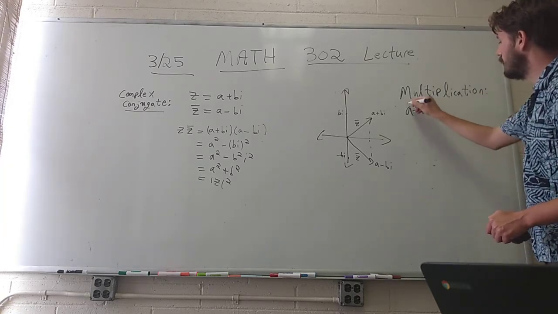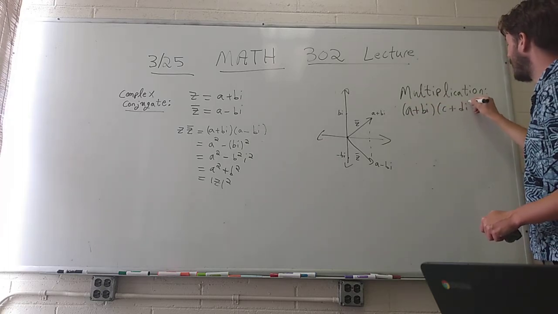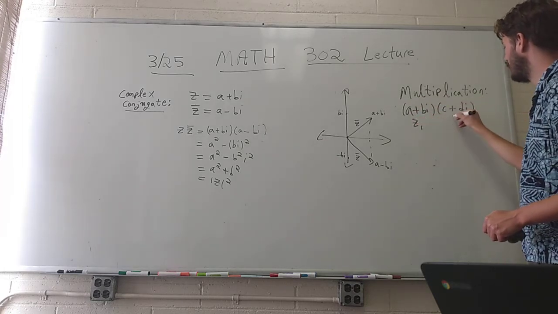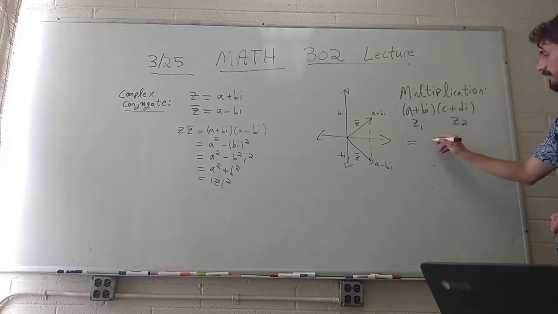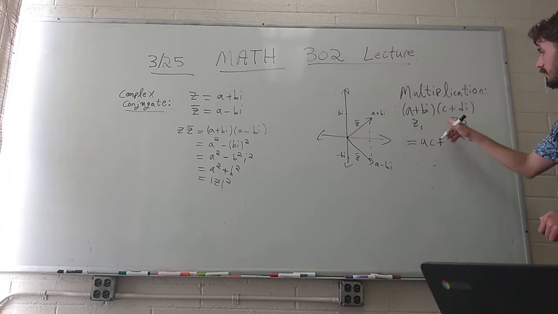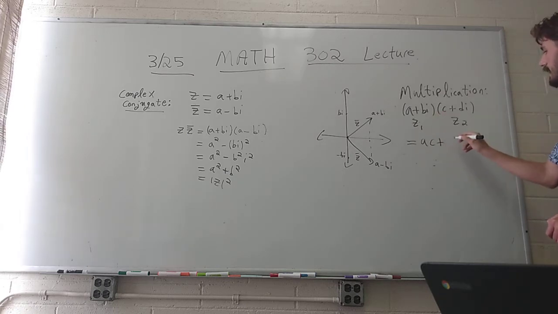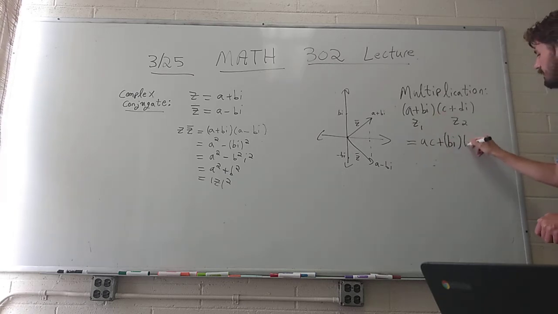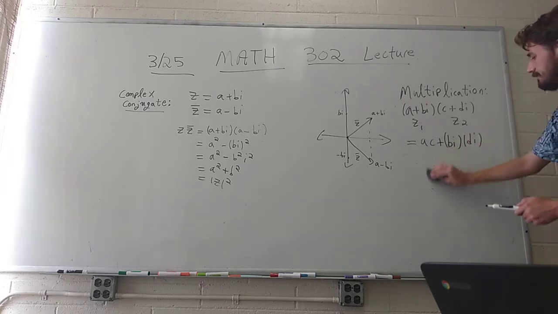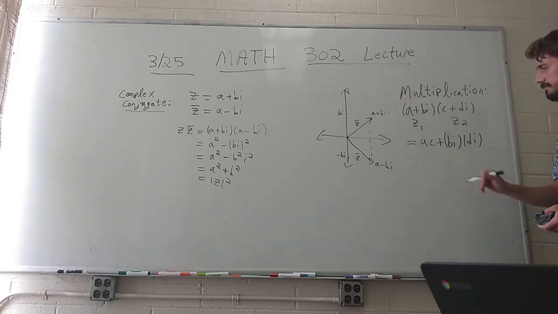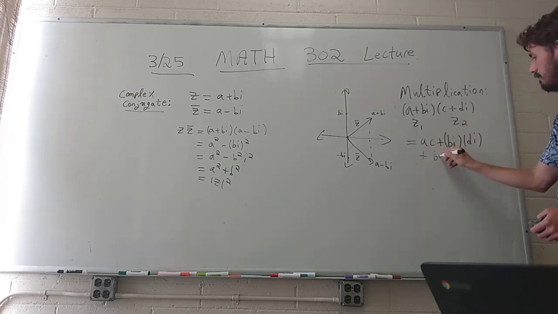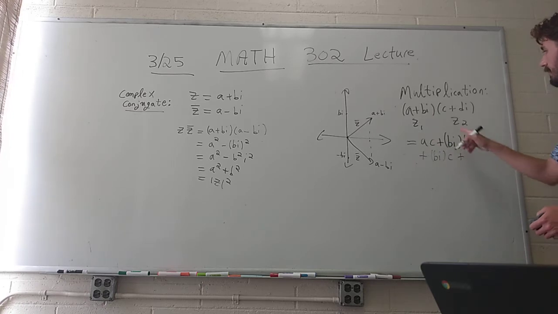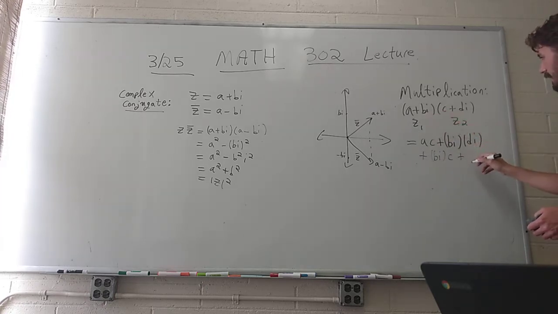a plus bi times c plus di, so this is, say, z1, this is z2. What is their product? Well, you can FOIL this out. a times c, plus bi times di, plus bi times c, plus a times di.